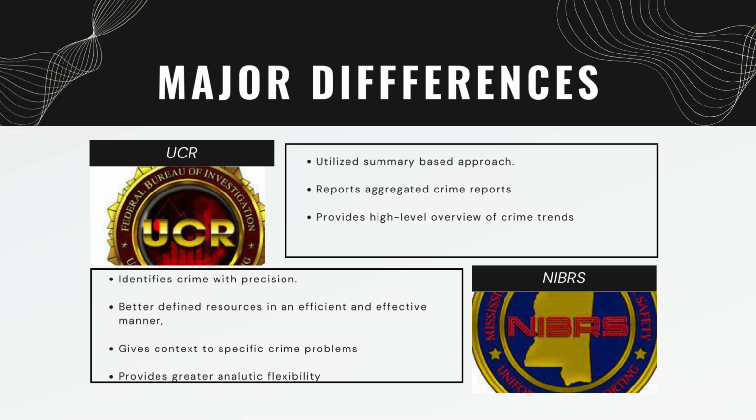They maintained focus on one crime and being able to use it to their best ability in order to achieve justice. It provided greater analytic flexibility. As the SRS system that UCR utilized created a broad spectrum of crime reports, the NIBRS identified crime with strategy and precision, maintaining a better outcome.